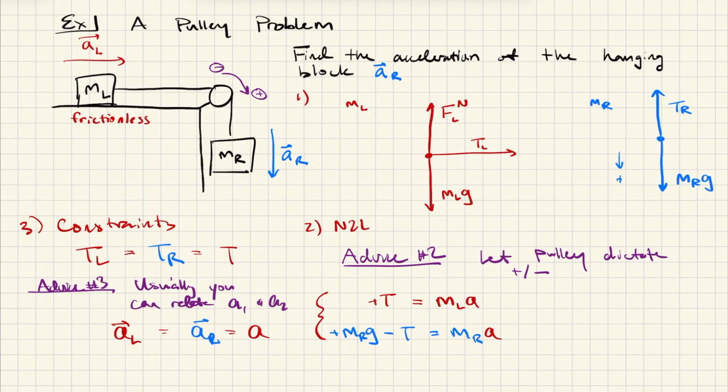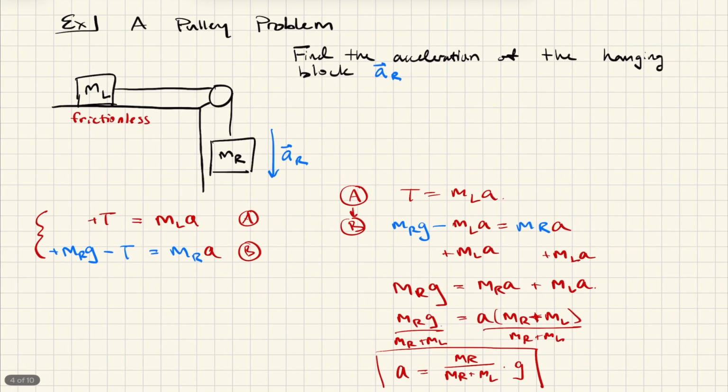So any force or direction associated with clockwise, we're going to call positive, and any direction associated with counterclockwise is going to be the negative direction. This helps you keep track because the usual coordinate system, as it goes over this pulley, is getting rotated the same way the pulley is rotating our tension force.